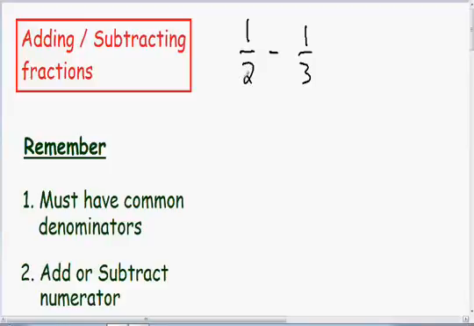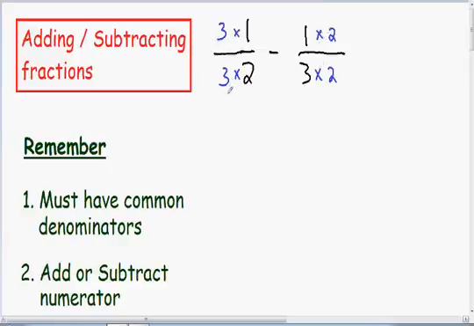So since this fraction has a denominator of 2, but doesn't have a 3, I'm going to multiply this by a 3. And whatever you do to the bottom, you have to do to the top. And since this fraction has a denominator of 3, but does not have a 2, I'm going to multiply this fraction by 2. And whatever you do to the bottom of a fraction, you have to do to the top of a fraction.